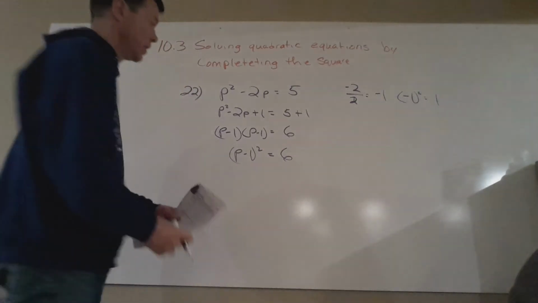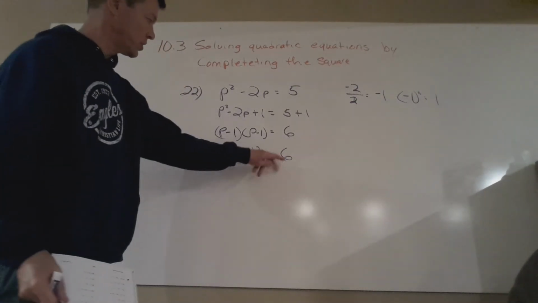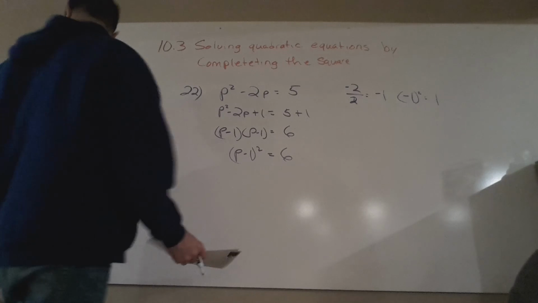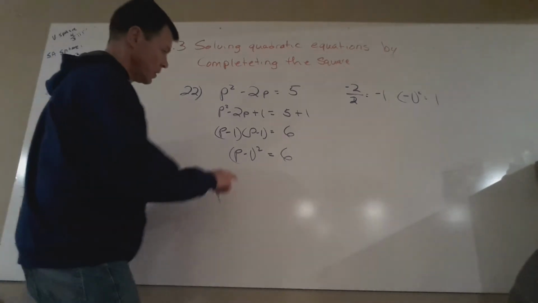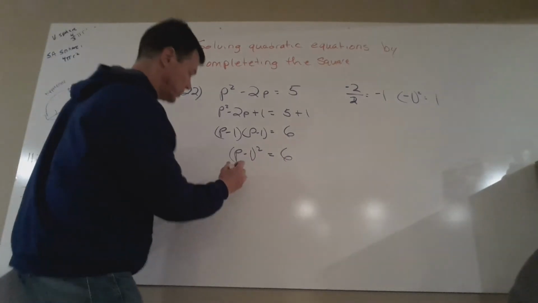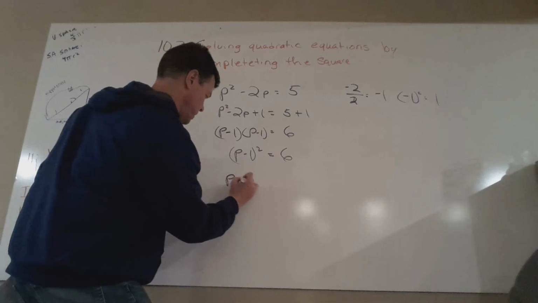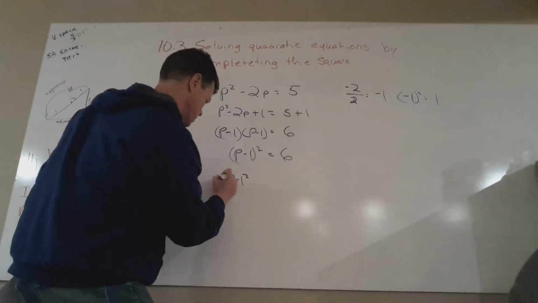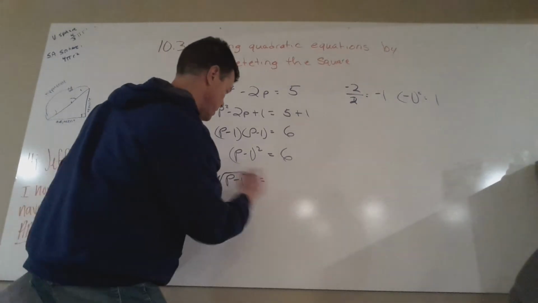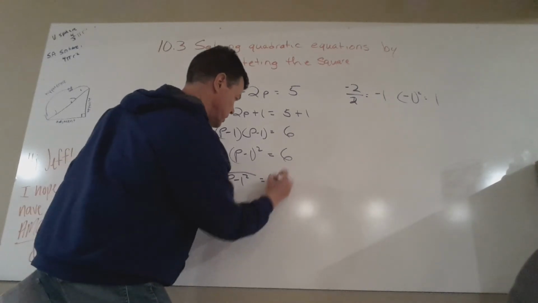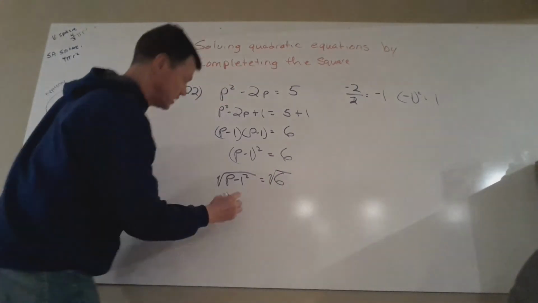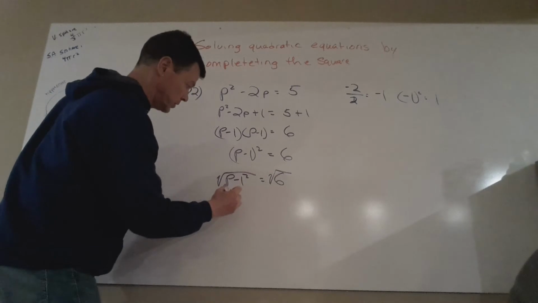6. This is not a perfect square, so I'll just show you how this shows up. Again, take the square root of both sides. So you have p minus 1 squared, square root of this. Take the square root of 6. Well, that doesn't work out nicely, but anyway, we're still going to get an answer.